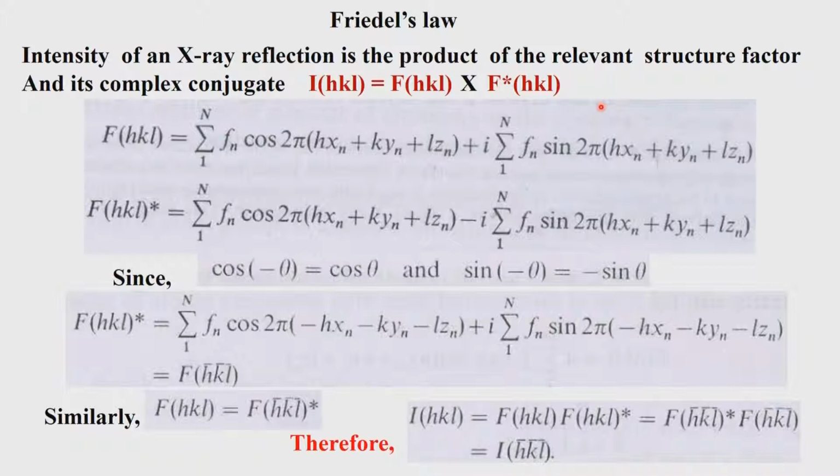But when you do the scattering experiment and get the diffraction done, you will get a center of symmetry associated with your HKL distribution. That means for every F of HKL you have a corresponding F of minus h, minus k, minus l, and this is known as Friedel's law.